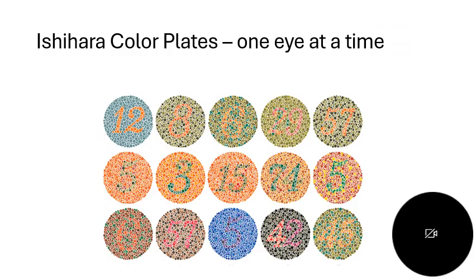One of the most common ways to check the color vision is using Ishihara color plates. This is a list of plates that have numbers inside colored circles. The numbers are of a different color and the surrounding background is of a different color.